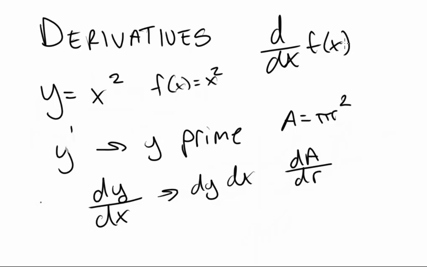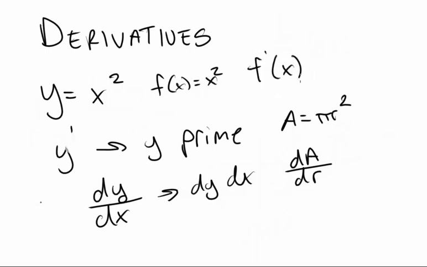You could also put the f up here, because the function is called f after all, so you can put it up on the top. It also gives you the ability, if you have a function called f of x, just like we have y prime, we could say f prime of x.